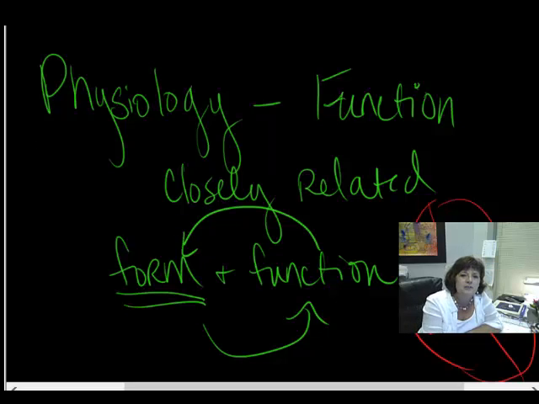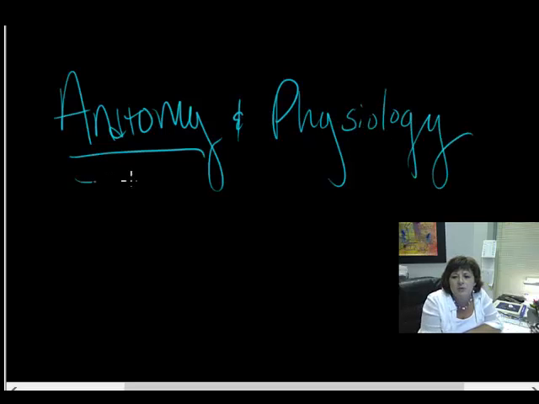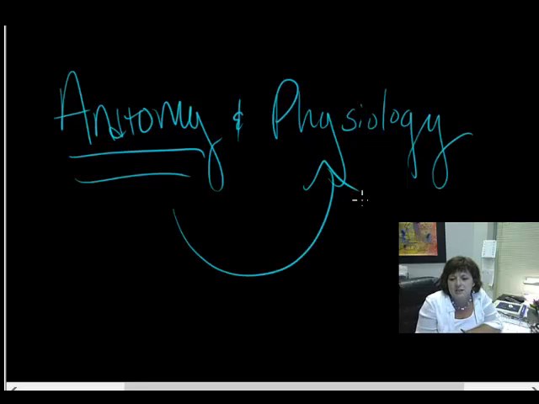And some people falsely believe that we're going to spend 1 semester on anatomy and 1 on physiology. Not so. The whole thing is anatomy and physiology. In most of the chapters that we go over, we'll start with the anatomy, and then we'll integrate the physiology. And how does it work? What does it look like? How is it made?